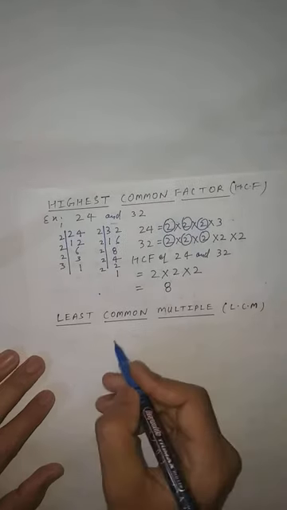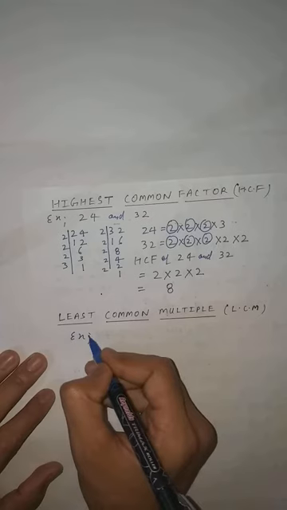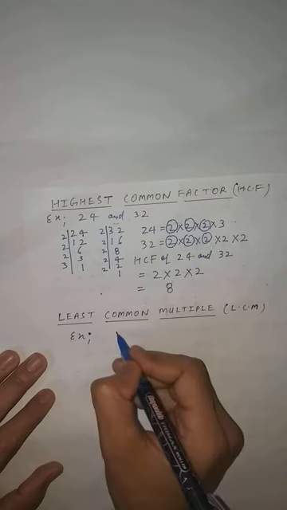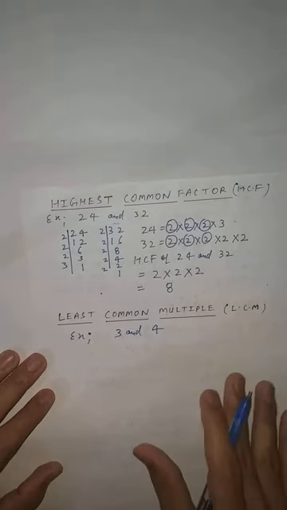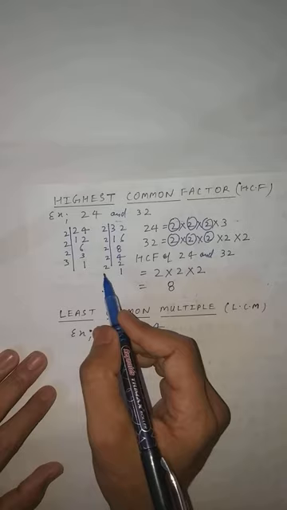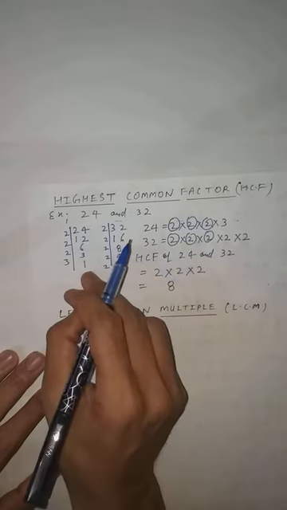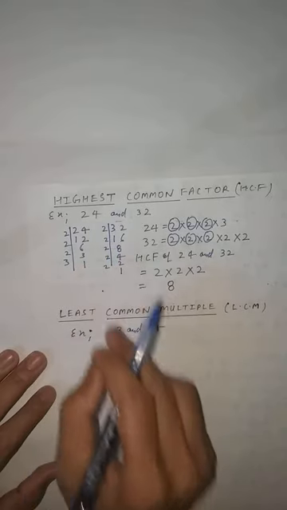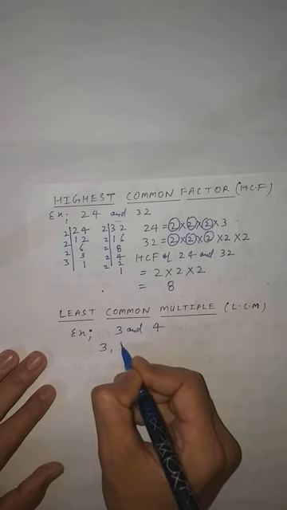Now if you have to find the least common multiple, we will start with a simple example, like 3 and 4. What is the difference between them? Here you were doing them separately, differently, 24 different and 32 different, but here you will do them together, like 3 and 4.